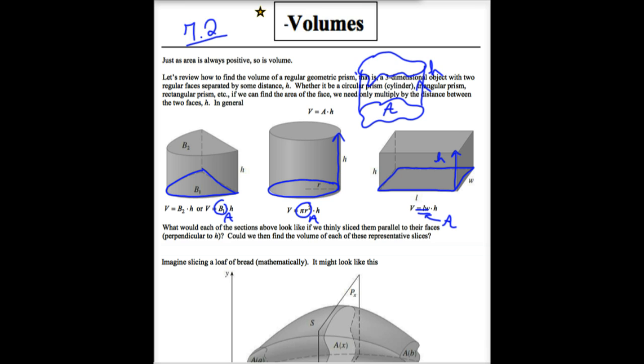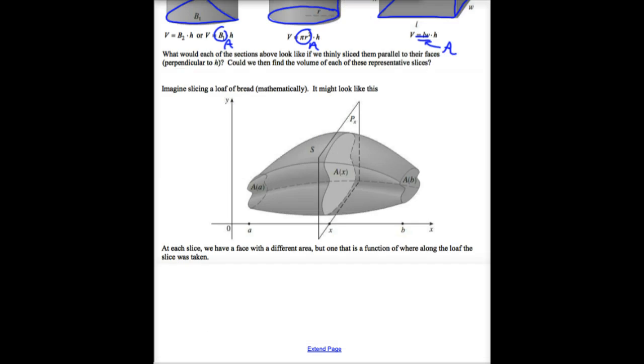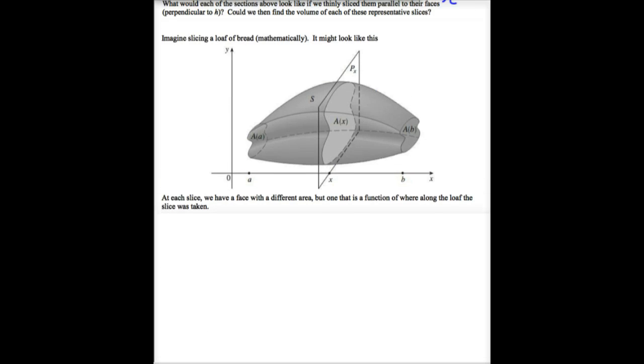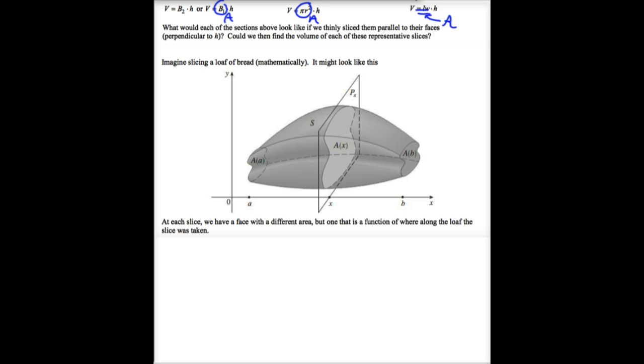And so that concept gets applied on a much grander scale in calculus. We're not going to be doing length times width times height, but that whole area of the base times the height will be. So what I have here looks kind of like a loaf of bread, your favorite kind, cinnamon raisin. And we have these shapes on the bottom, which are basically every slice is the same shape.